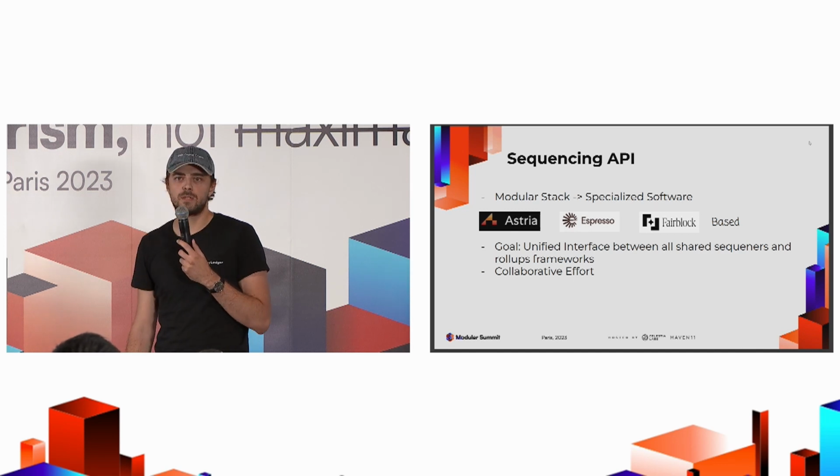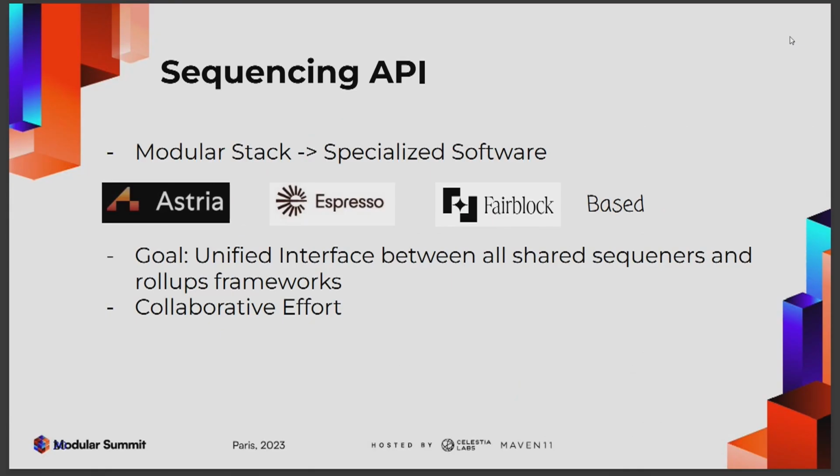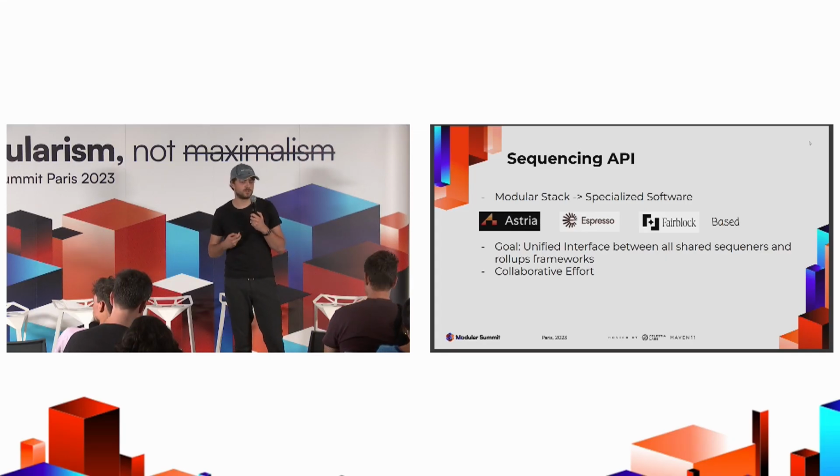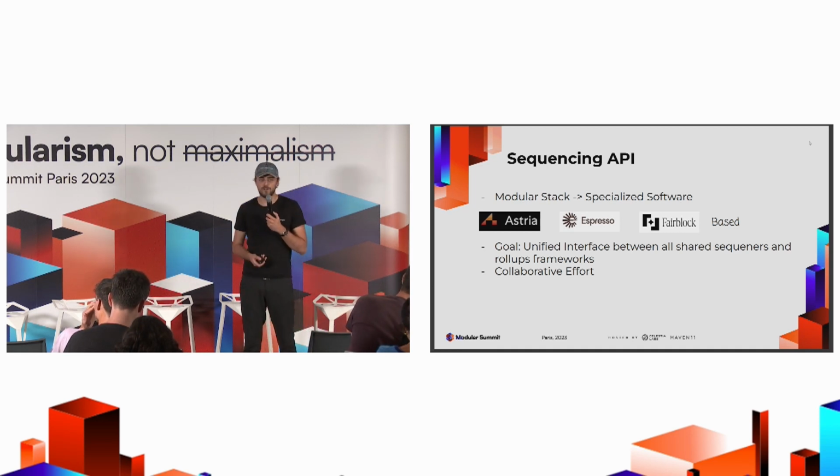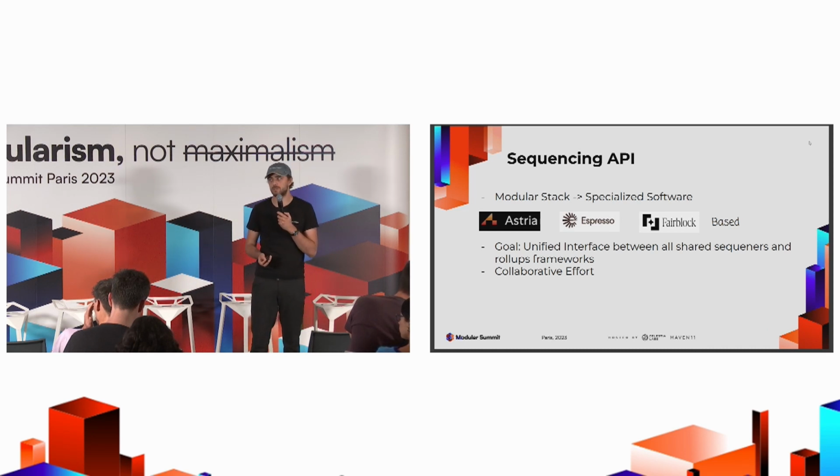The next interface will be the sequencing API, or the sequencing interface. Right? When the modular stack evolves, we see specialized software, and the same we see also with sequencing. Shared sequencing is emerging with Astria, Espresso, Fairblock, and others.